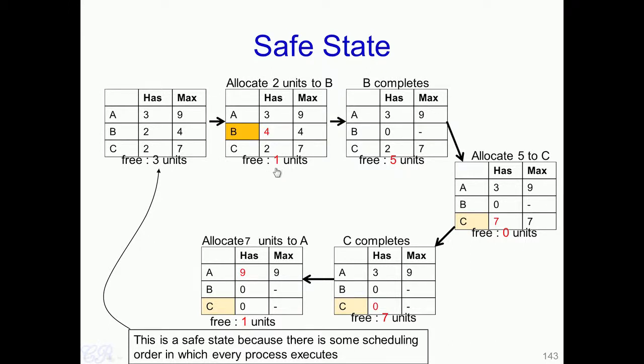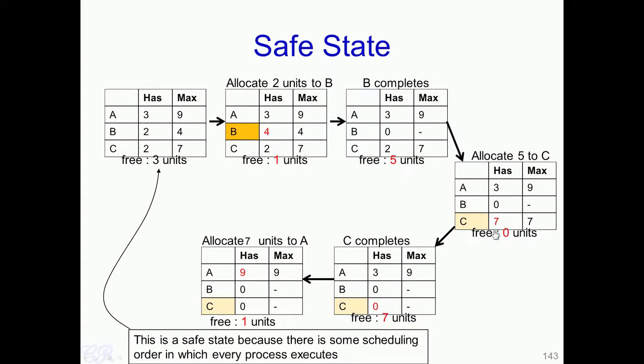Now, after B completes, all the 4 units are returned to the free store. So, 4 plus 1 will be 5 units present in the free store, and these 5 units can then be allocated to C. C will get its maximum credit limit of 5 plus 2, that is 7 units, as seen here. So, the amount present in the free store is 0 units.